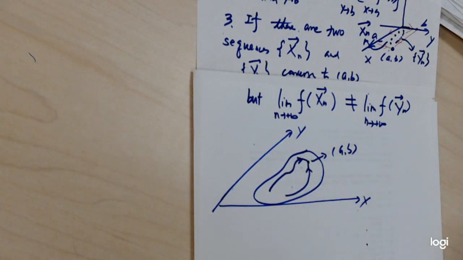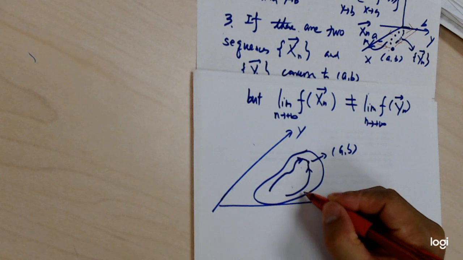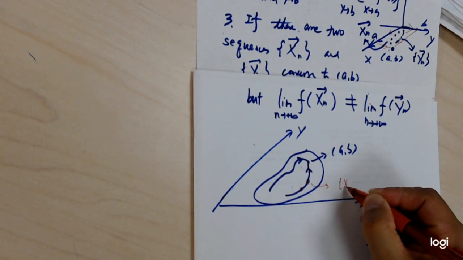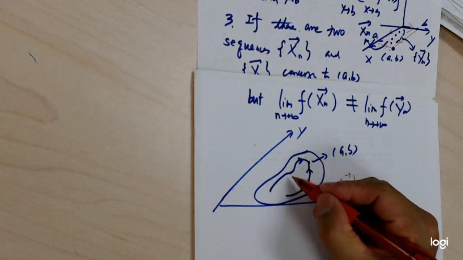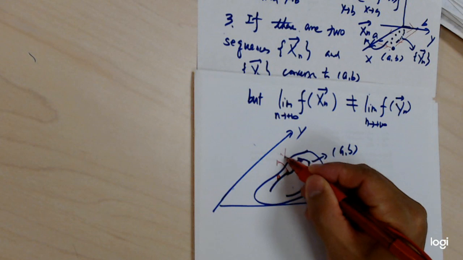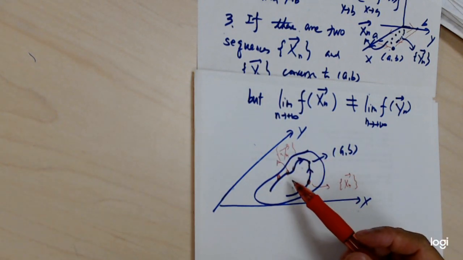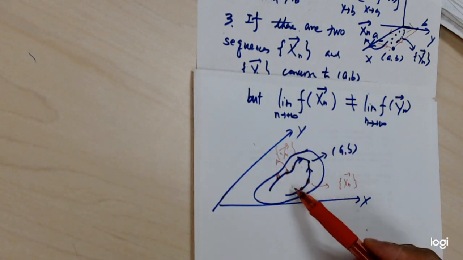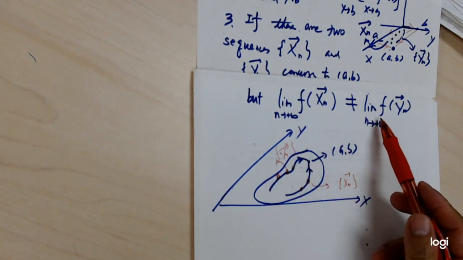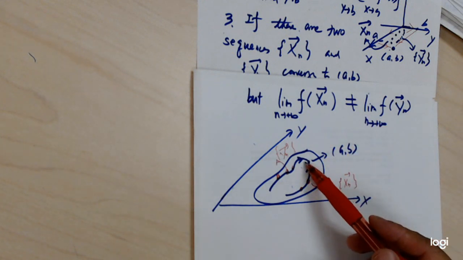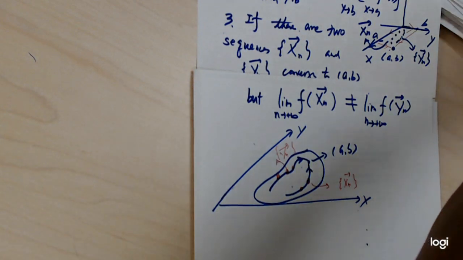But if you can find two different paths, one of them called x sub n and the other called y sub n, and the limits of the function's values along those two paths approach different numbers, then that implies the limit at (a, b) does not exist.